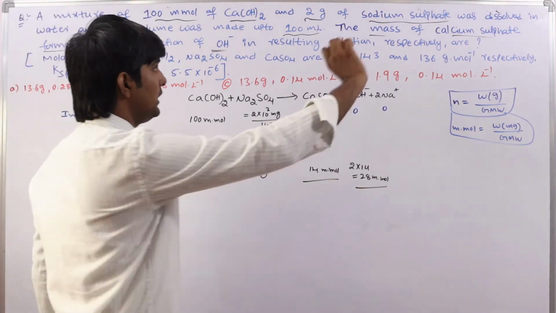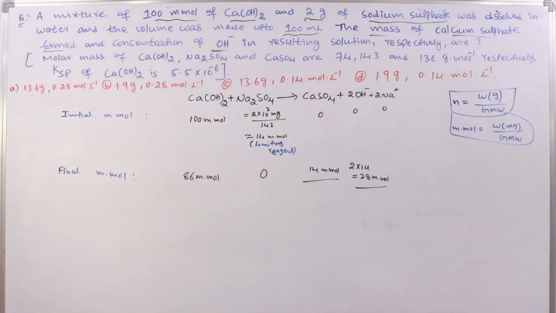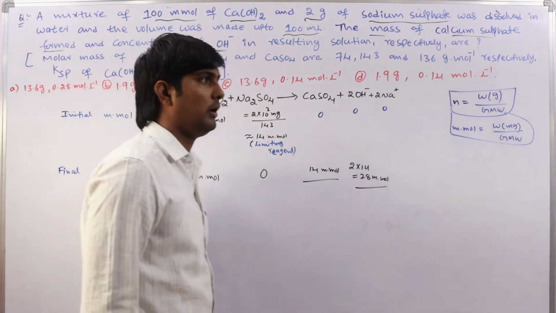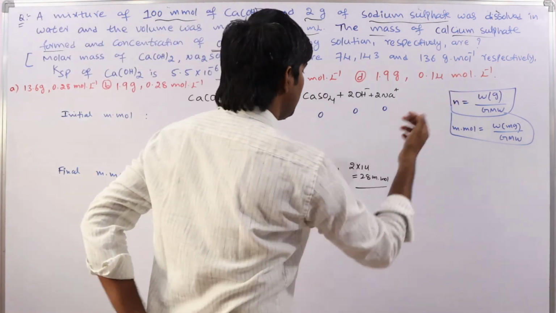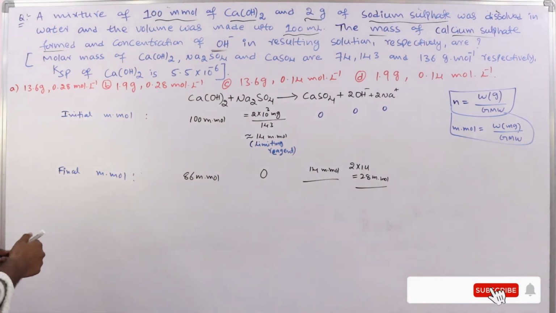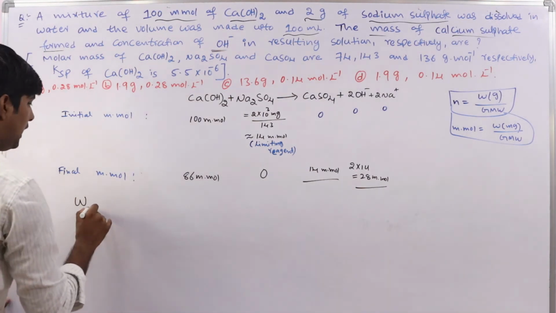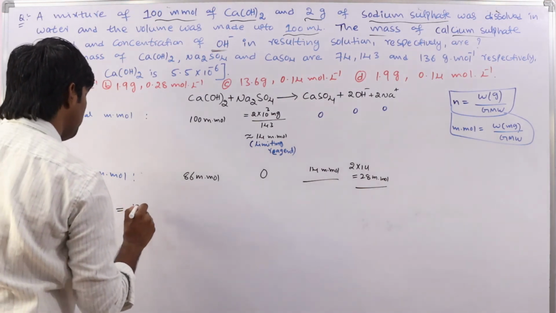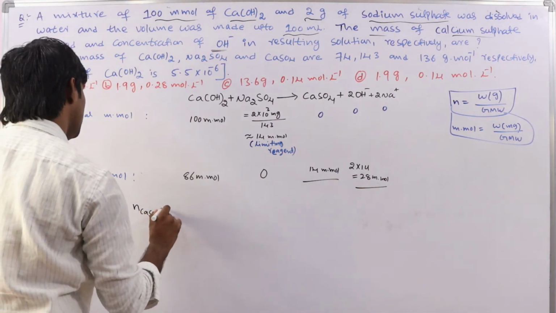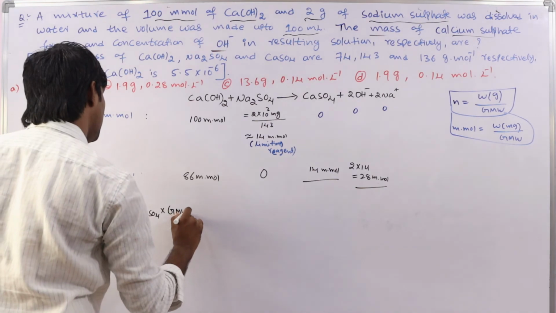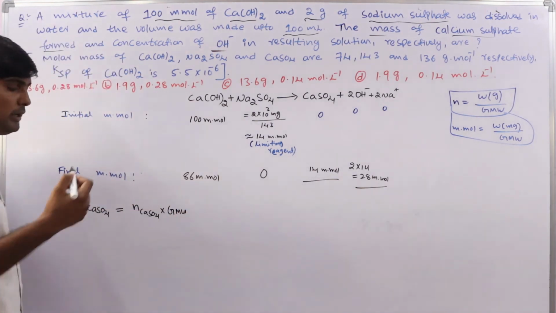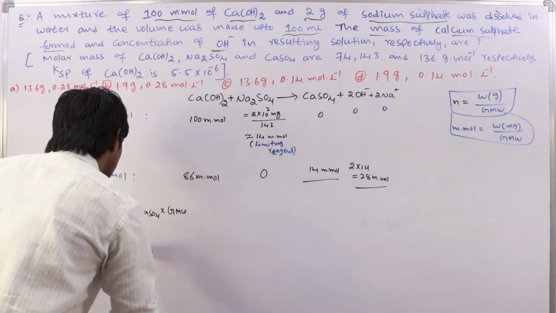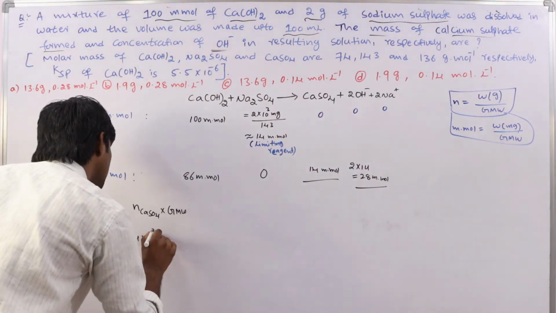Okay, the first question is, what is the weight of calcium sulfate? From the formula, number of moles equals weight by gram molecular weight, so we can calculate using that relation. Weight of calcium sulfate is equal to number of moles of calcium sulfate into the gram molecular weight of calcium sulfate. Here millimoles are given, so 14 into 10 power minus 3 moles.